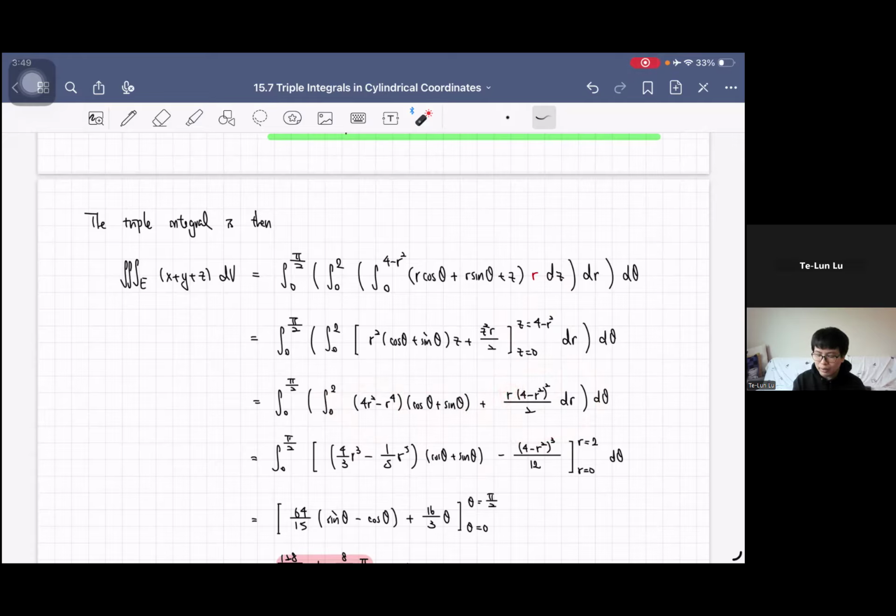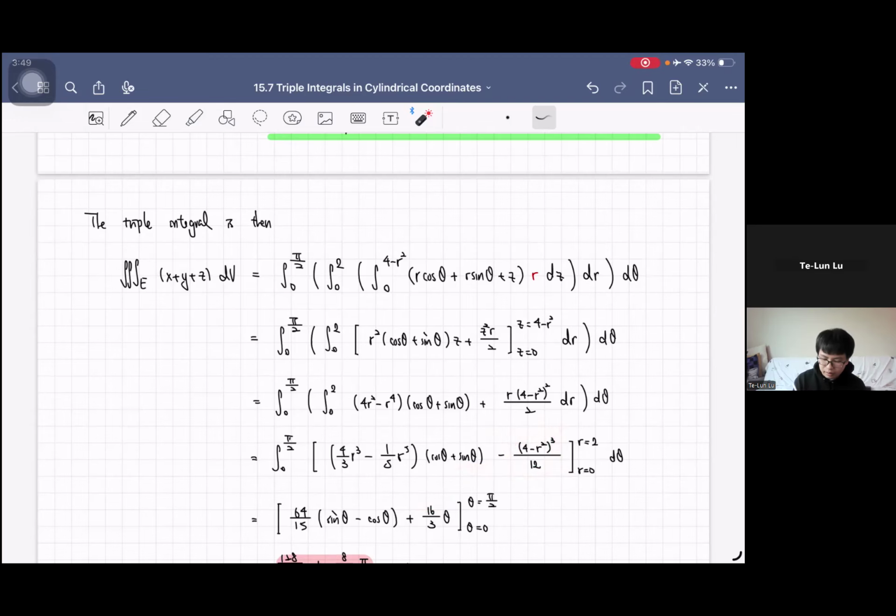So we don't really have to expand this guy due to the fact that we can use something like u-sub, maybe u to be 4 minus r squared. Then the differential du can be sort of canceled out with this r dr. At the end of the day, we will get the anti-differentiation to be minus 4 minus r squared cubed over 12. So then you plug in the corresponding points, you get a constant in that term.